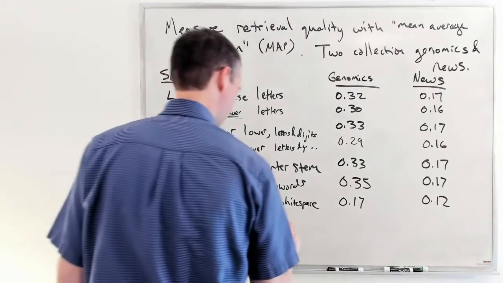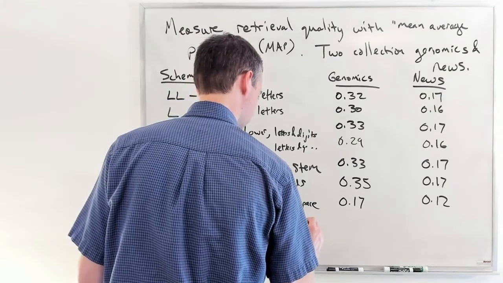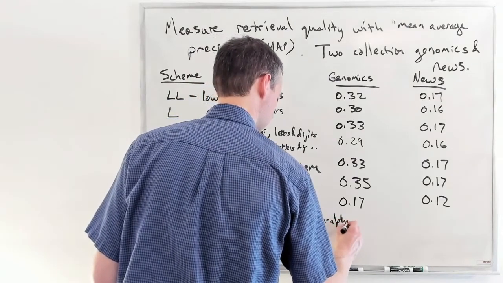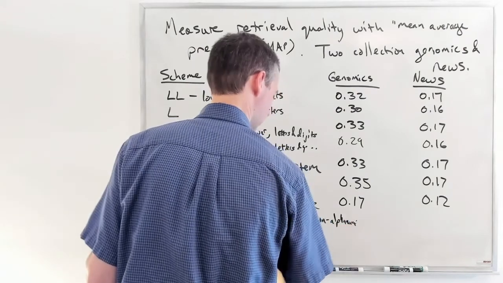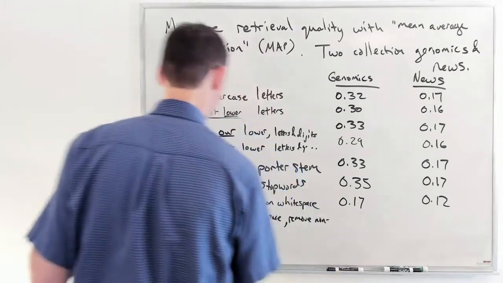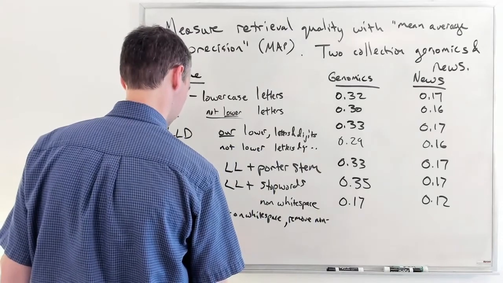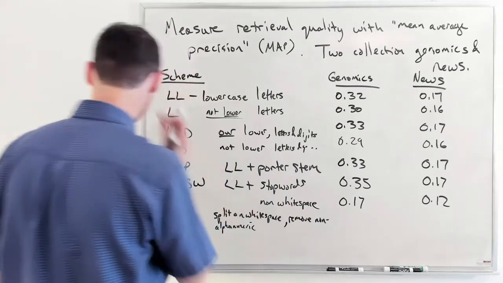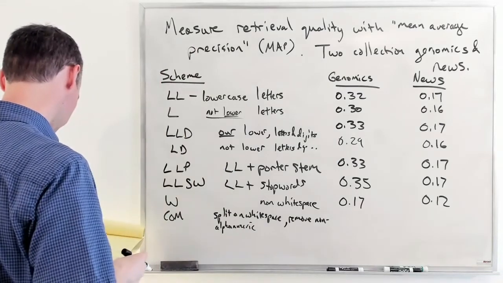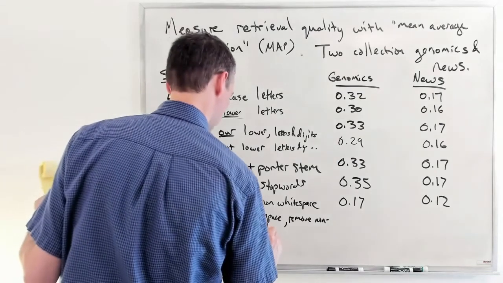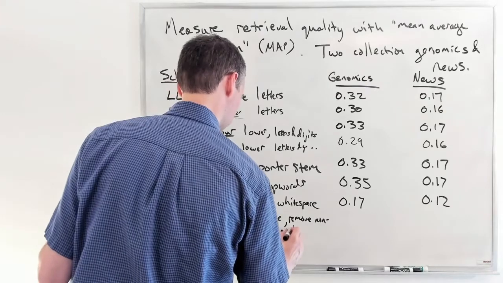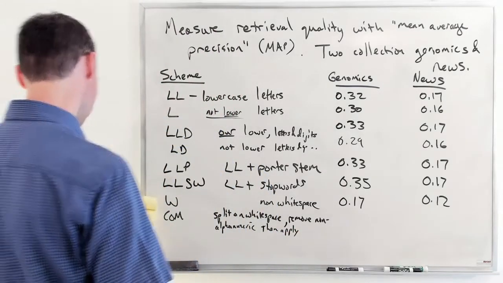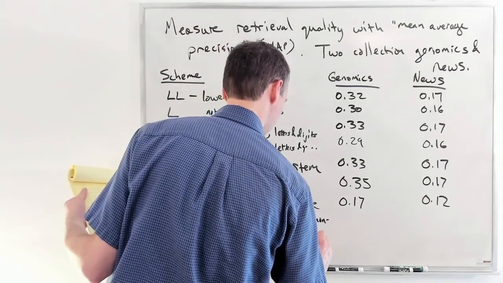They're going to remove non-alphanumeric. Then they apply, they've got one, I didn't actually list it, I should have, the SLLD.